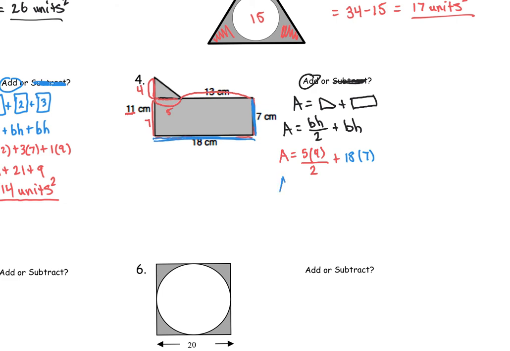So this is going to give us area equals 10, if you do 5 times 4, you get 20 divided by 2 is 10, plus 18 times 7 is 126. We add those numbers together, we're going to get area equals 126 units squared.